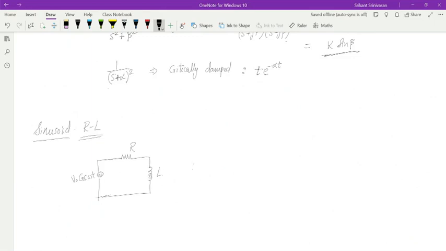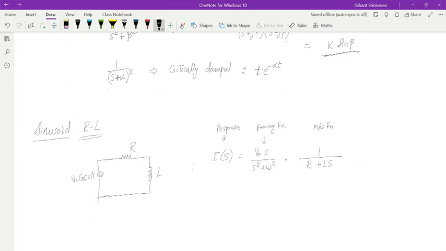Now I can quickly find out what is the current. First of all, I can say that I of s is equal to V naught into s over s square plus omega square, because I know this is the signal, this is the response, this is the forcing function, and then I have the transfer function or network function, that is 1 by (R plus Ls).